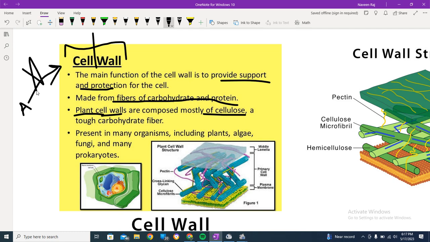While in plants and certain other cells, you've got extra protection outside the plasma membrane that is termed a cell wall. It is present in many organisms, of course not in all, including plants, algae, fungi, and many prokaryotes. Here is the list of species in which it is present.